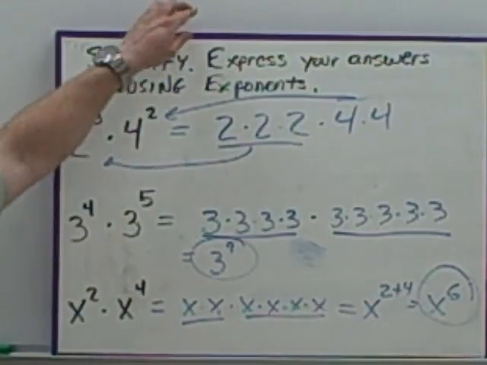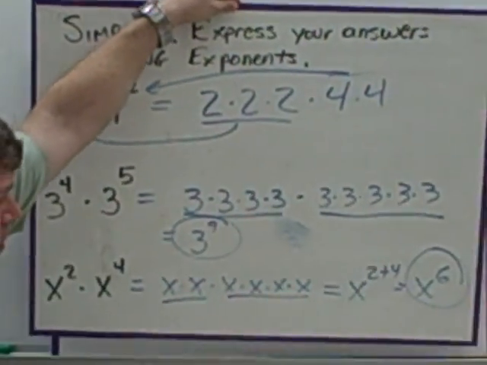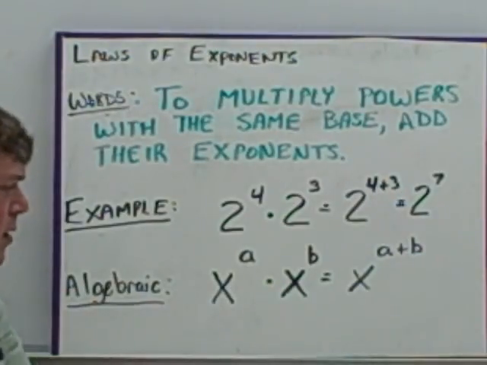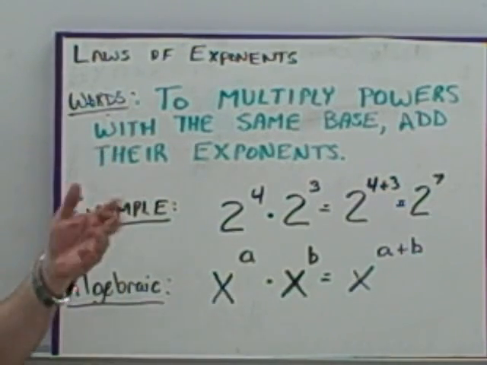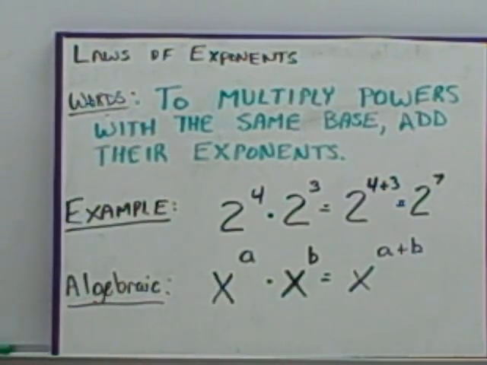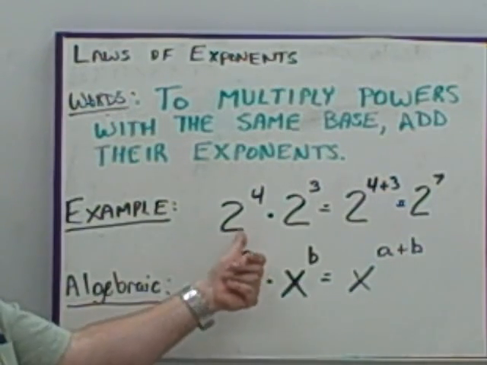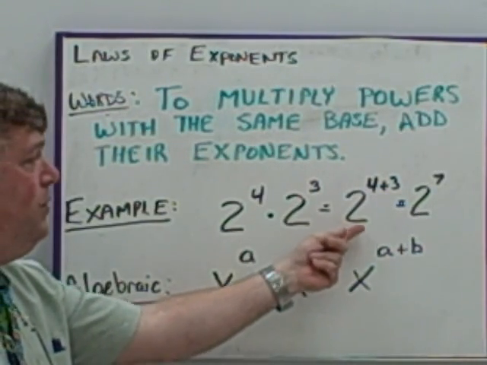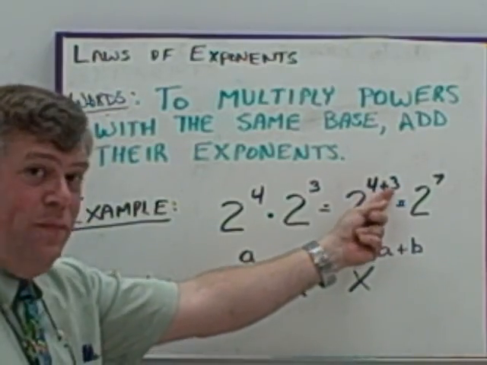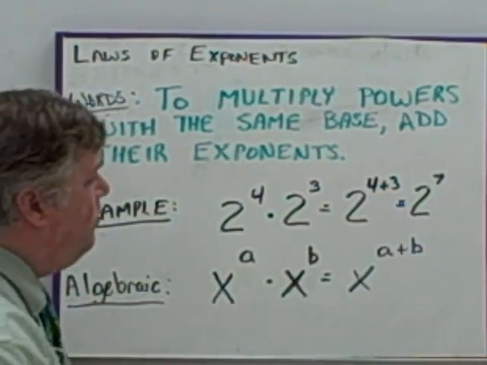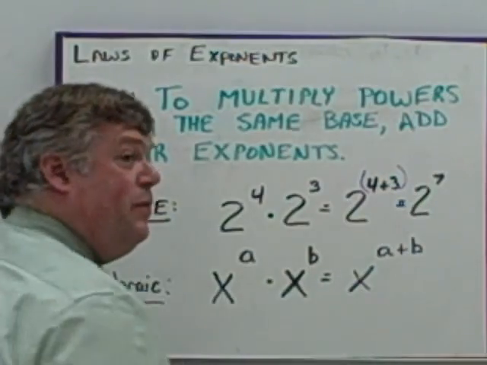So we just realized the first law of exponents. One of the laws of exponents says, to multiply powers with the same base, add their exponents. If you have 2 to the 4th times 2 to the 3rd, it becomes 2 to the 4 plus 3, which you may want to put in parentheses.